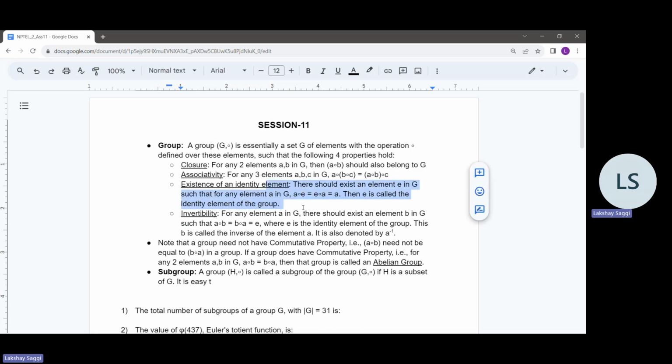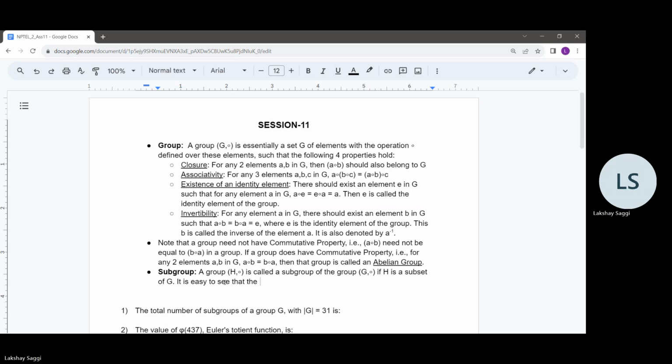If we just take the set which consists of only the identity element, then that set also follows all these four properties, because the identity element in itself has existence of identity, invertibility, closure, and associativity.